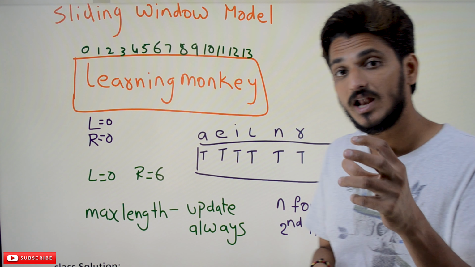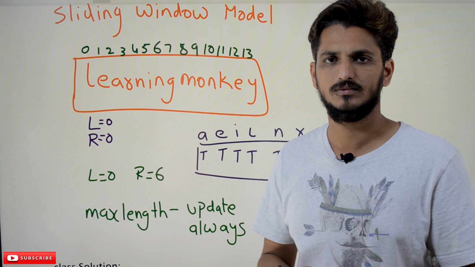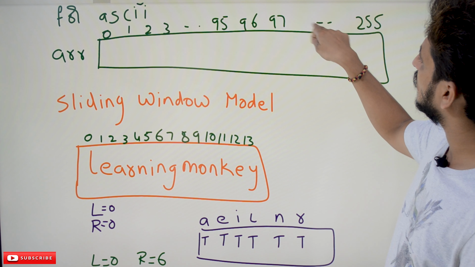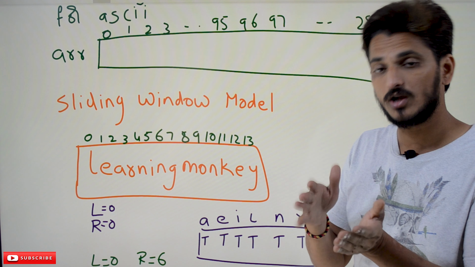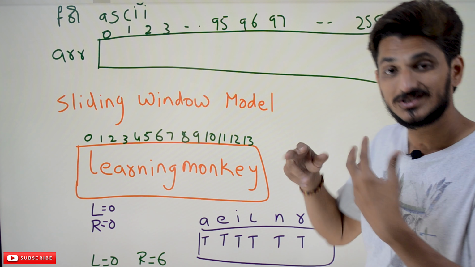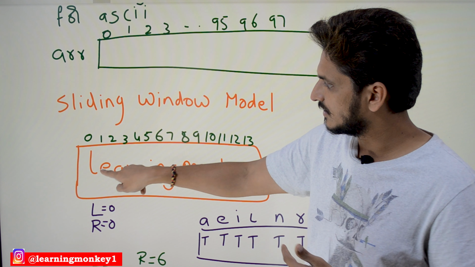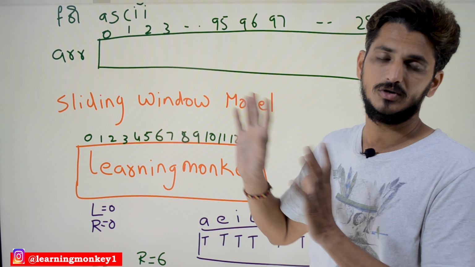What is the ASCII value of L? Assume it is 105. So in the array at position 105, mark it as true. If you are going with false and true, mark it as true. What's the meaning of that? We already visited the character L. If it is repeated, don't take it.